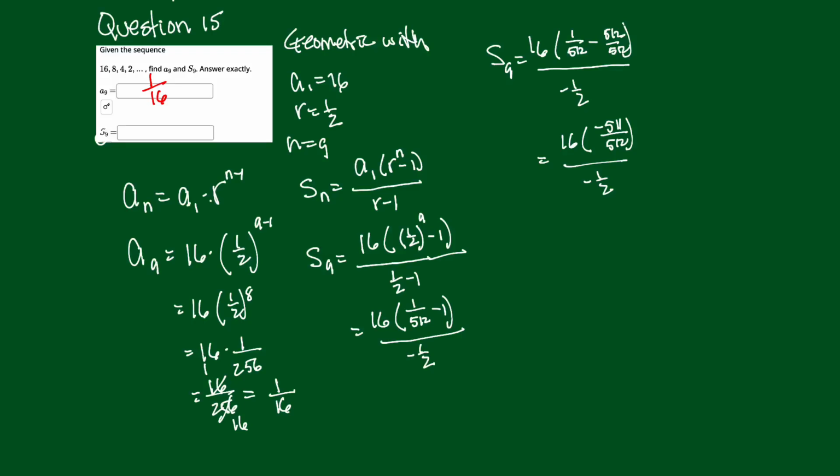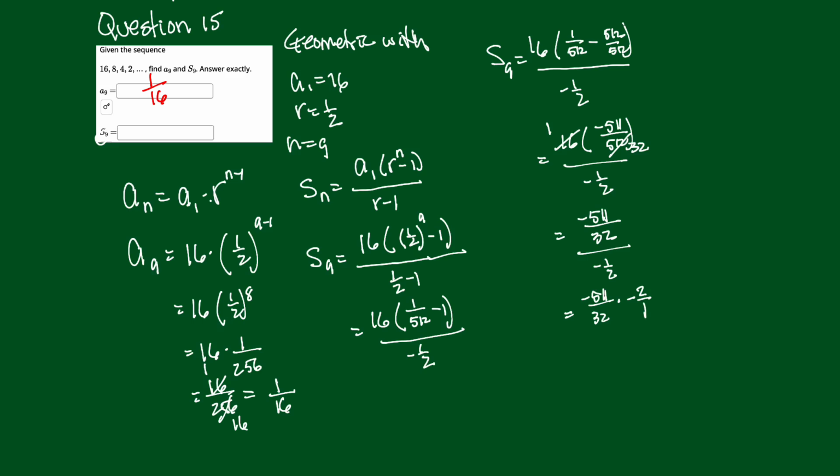Now, it turns out that 16 will go into 16 once. It'll go into 512 32 times. So now I'm left with this: negative 511 over 32 divided by negative 1/2. So this will give us negative 511 over 32 times negative 2 over 1, right?